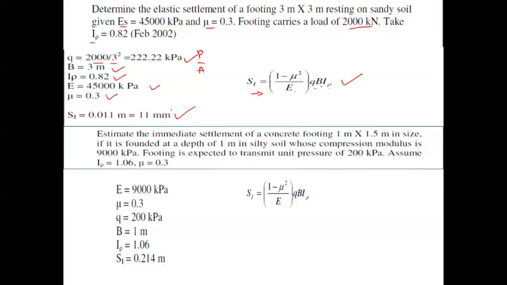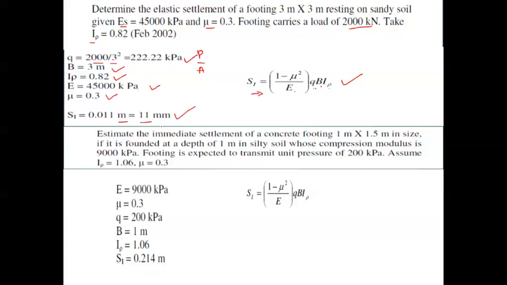Usually, if you are substituting Q and E in kPa and all lengths in meter, then the final answer will be in meter only. So 0.011 meter, which is nothing but 11 mm. This is the magnitude of immediate settlement.